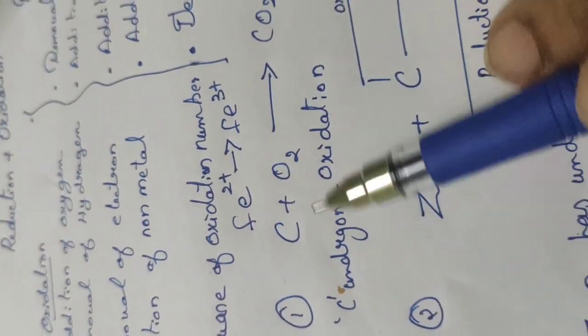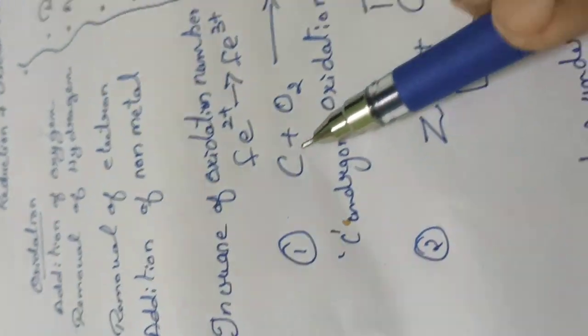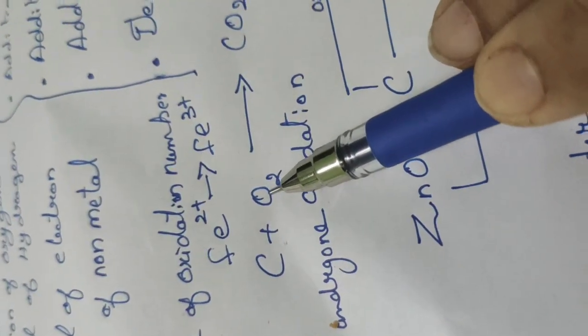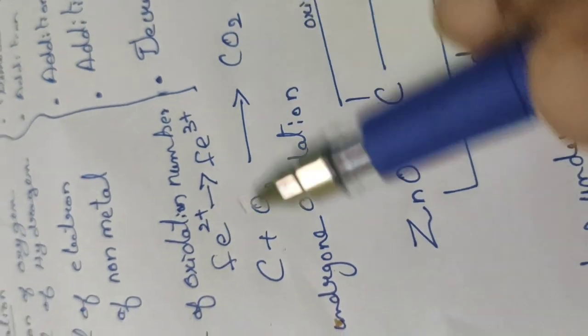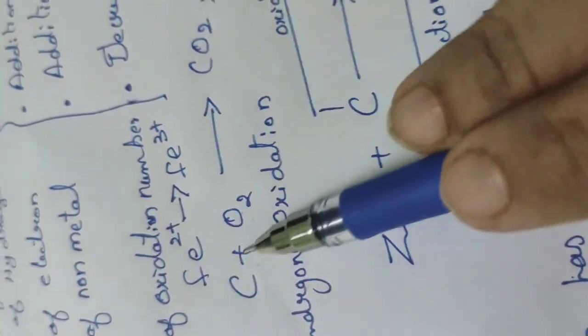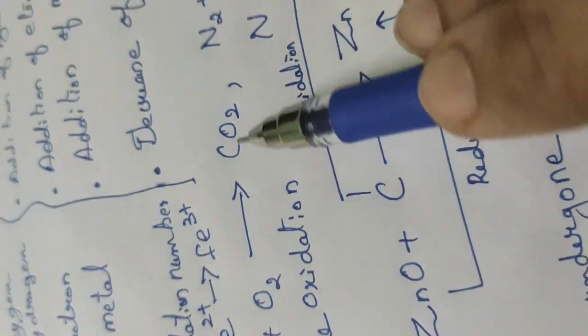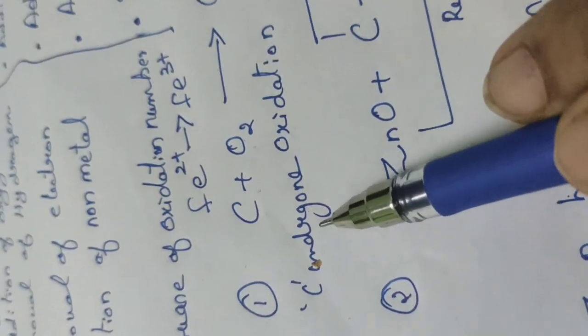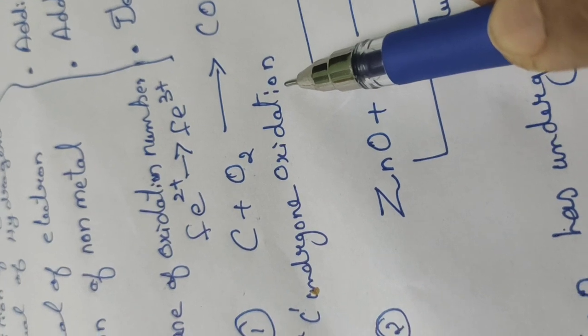Let us understand the concept with an example. See here, carbon is getting added with oxygen to form carbon dioxide. That is happening in the case of burning. So what is happening? Carbon is getting added with oxygen. So carbon has undergone oxidation, isn't it?